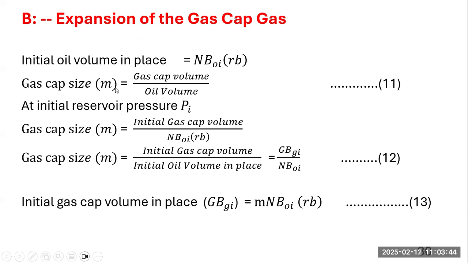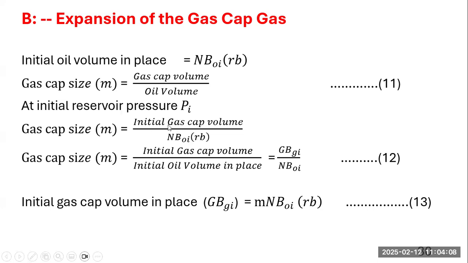Okay, your gas cap size is gas cap volume over oil volume. So your M is gas volume over oil volume. Okay, you can take it like that. Because you have your initial oil volume in place, NBOI, you have your oil volume fixed here.